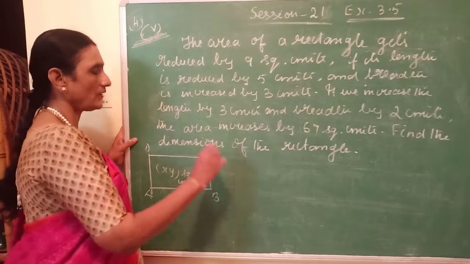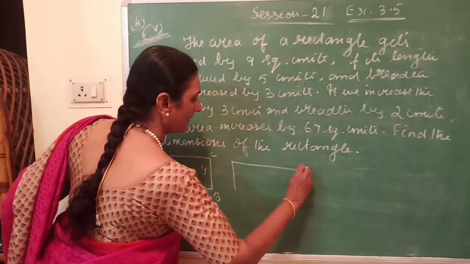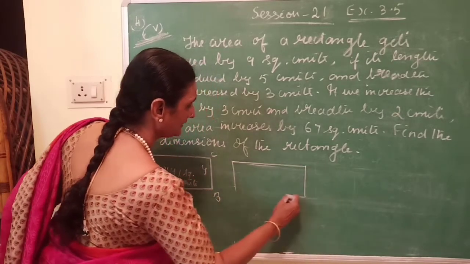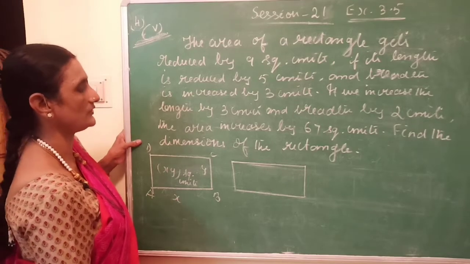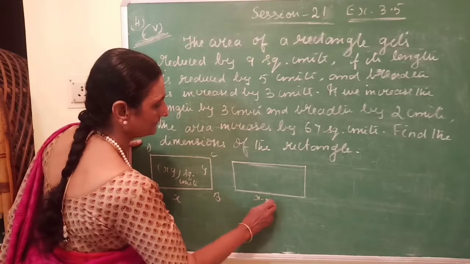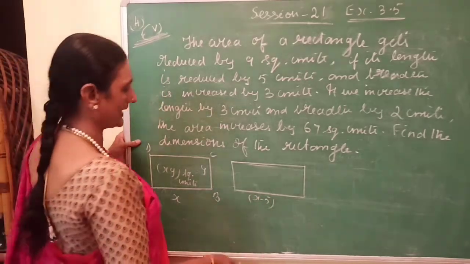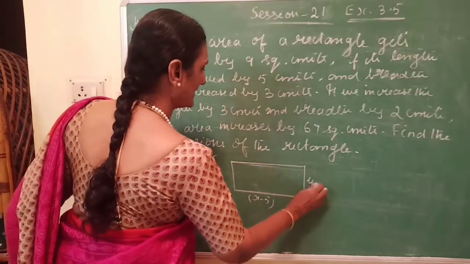Now in the first situation, what are we doing? The length is reduced by 5 units, therefore it must be x minus 5. And the breadth is increased by 3 units, so it is y plus 3.